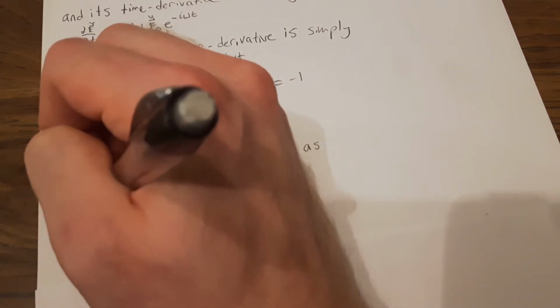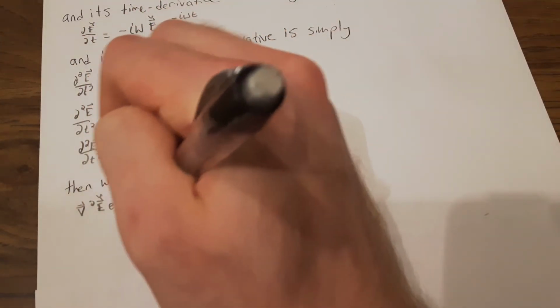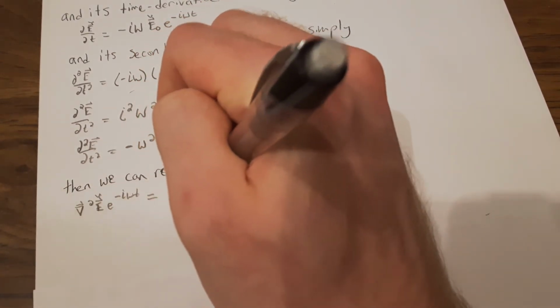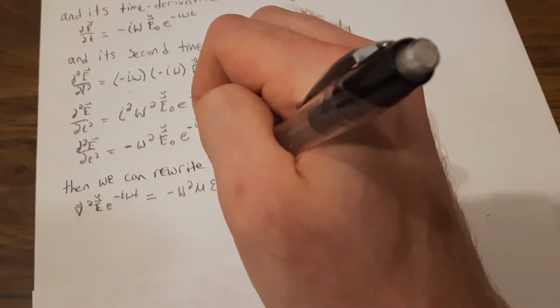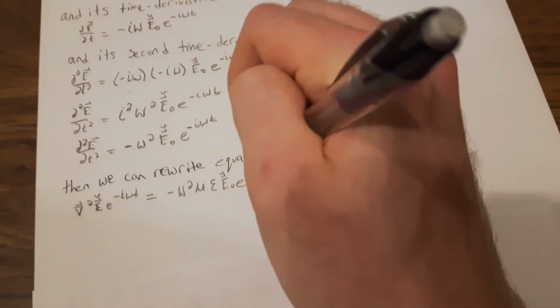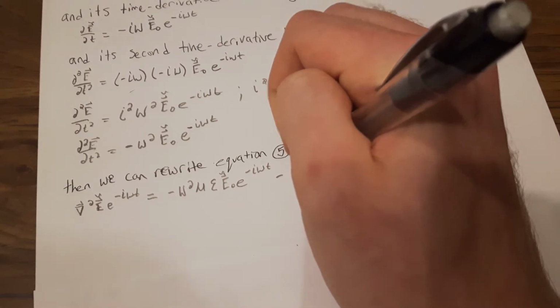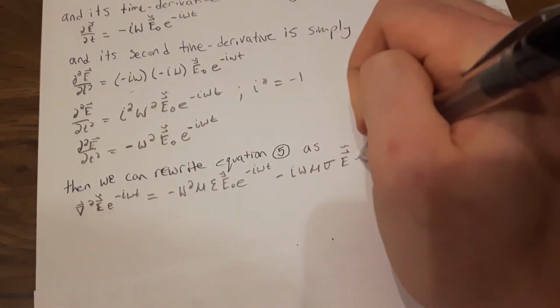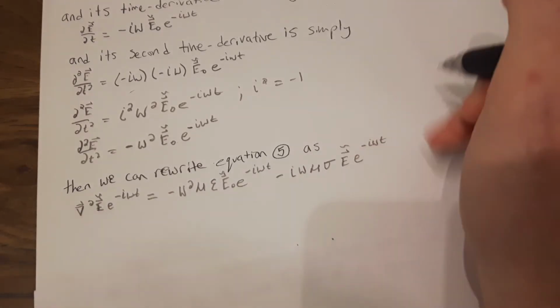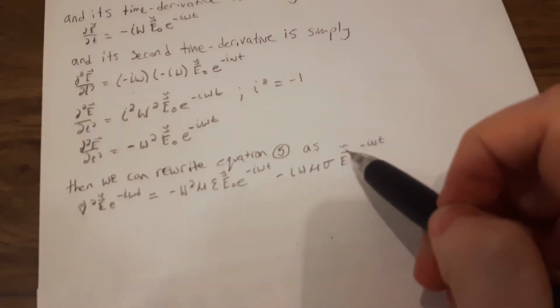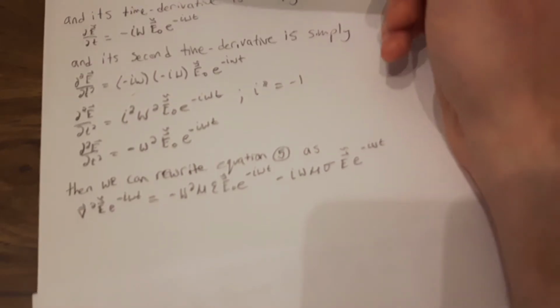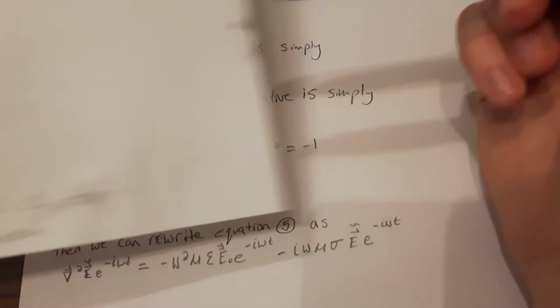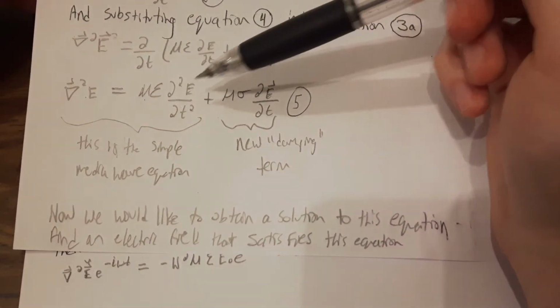So doing this, we get that the Laplacian of the complex electric field is equal to negative omega squared mu epsilon times the complex electric field minus i omega mu sigma E times the exponential to make up the complex electric field, where once again, all we've done is substituted our proposed electric field, as well as its derivatives, into our wave equation for the electric field and its derivatives.